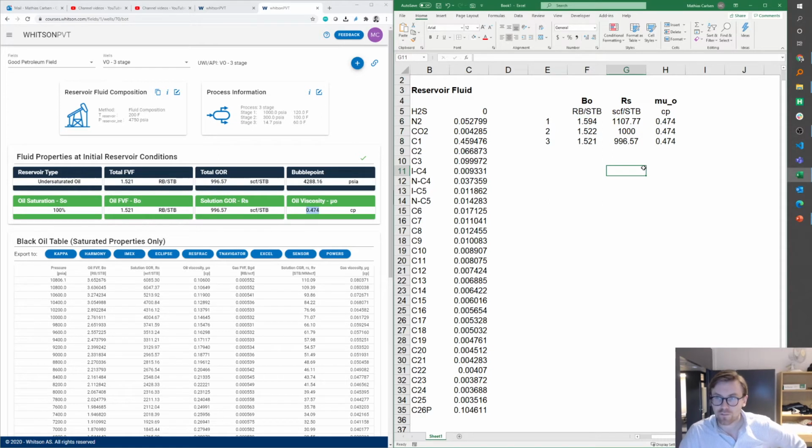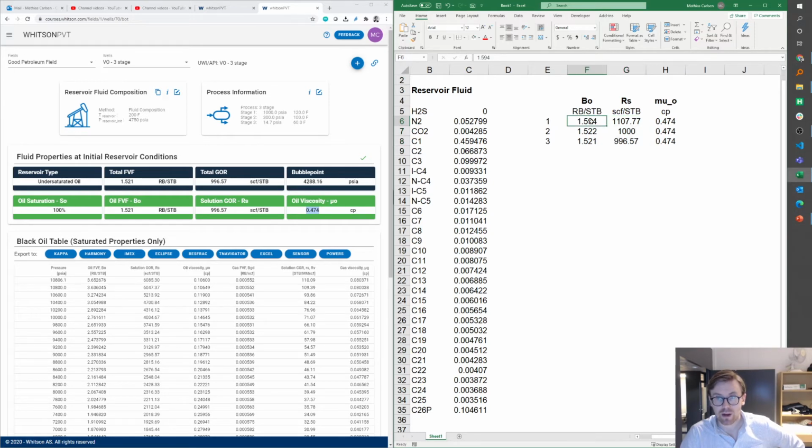We can see that the first thing, with the viscosities being the same, so the viscosities are obviously process independent, okay, for the same reservoir fluid. We see that the GORs change when we change the surface process. Going to a single stage process actually has a very big impact here. We get 1100 scf per barrel.